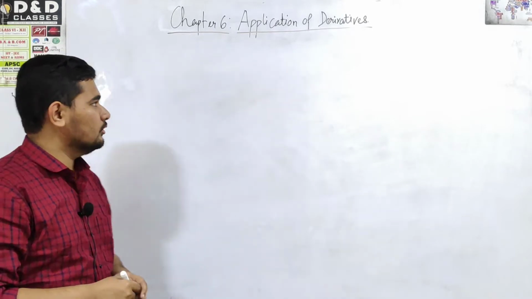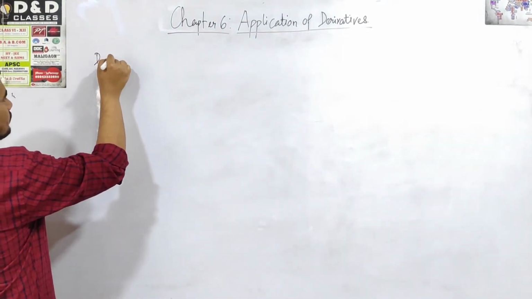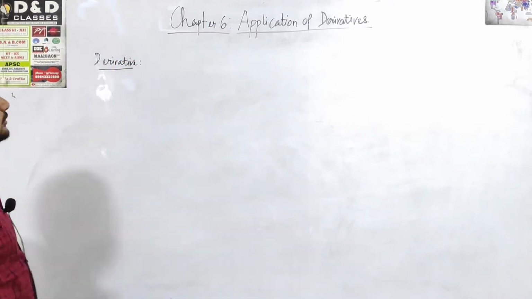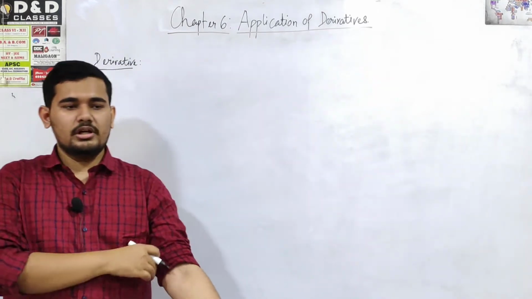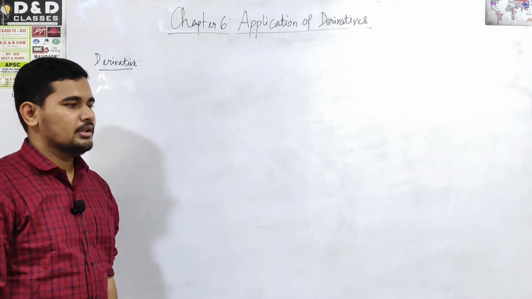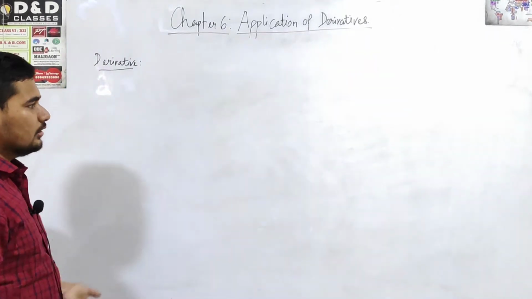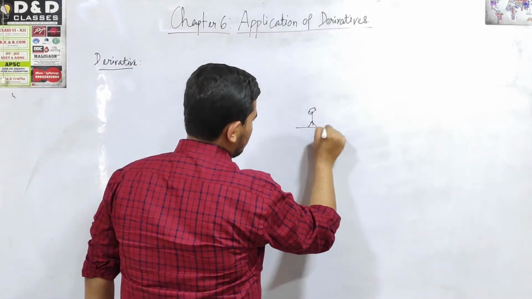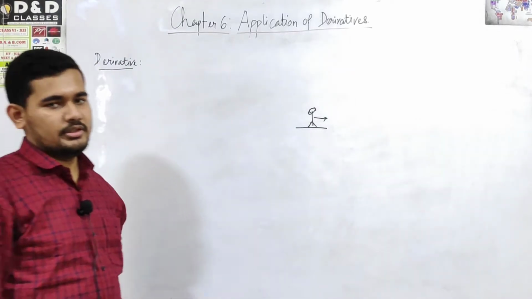So first of all, derivative. The concept of derivative is normally encountered when you are studying physical problems where change is occurring. Let's suppose there is a man who is walking from his home to his office.